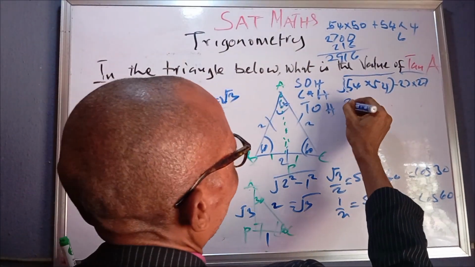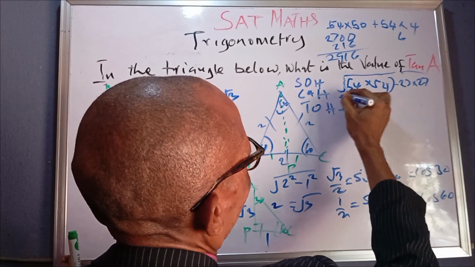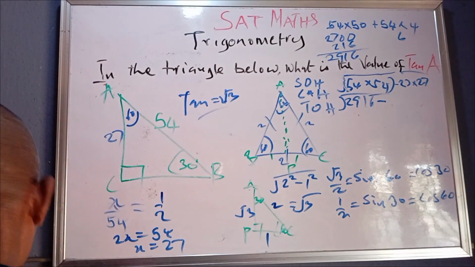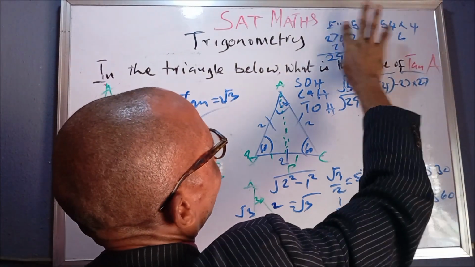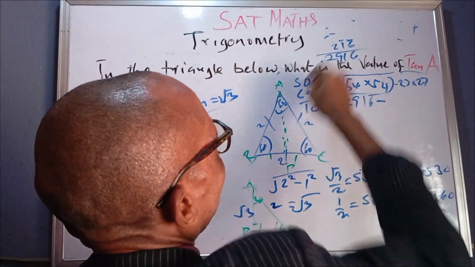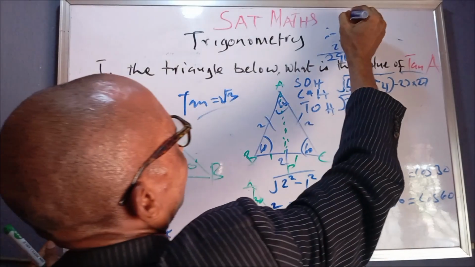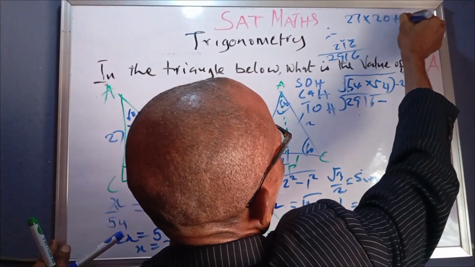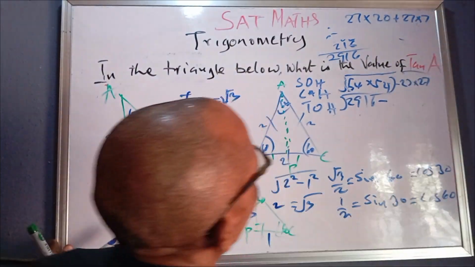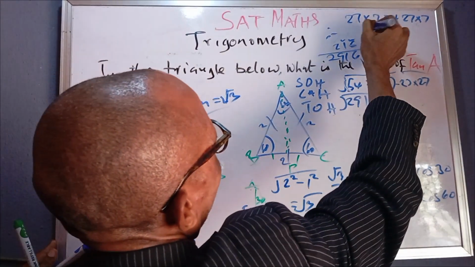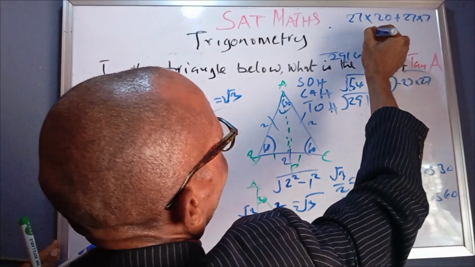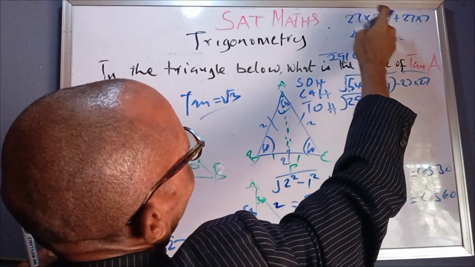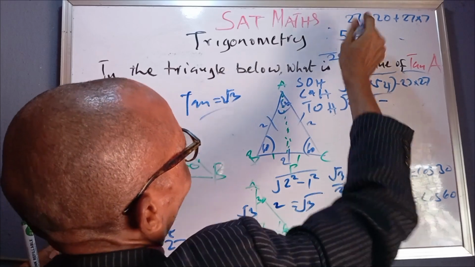So here we have 2916, still in square root, minus 27 times 27. Let's do the same thing that we did here. We just say 27 times 20 plus 27 times 7. 27 times 2, 2 times 0 is 0. 2 times 7 is 14. 2 times 2, 4, plus 1, 5.